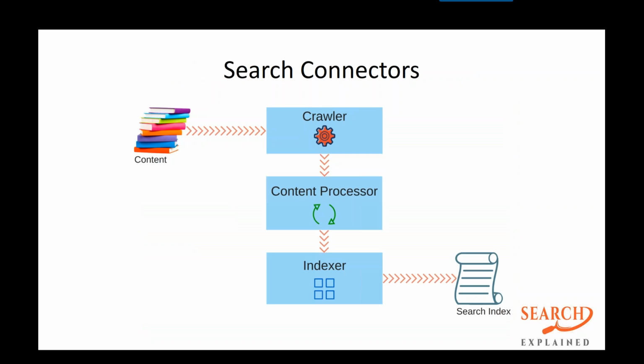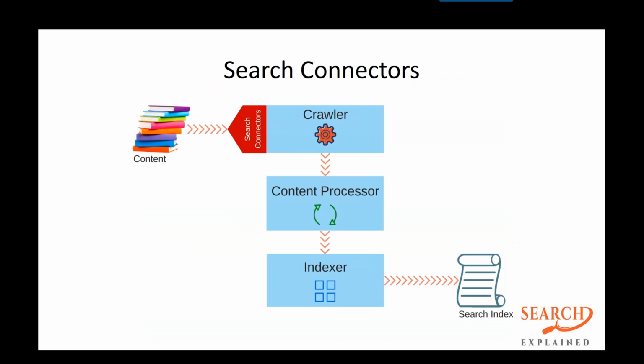So let me show you how it works. You are already familiar with this picture with all the crawling, content processing, and indexing process. And as I said, the search connectors are between the crawler and the content. They connect the crawling component to the content sources APIs.